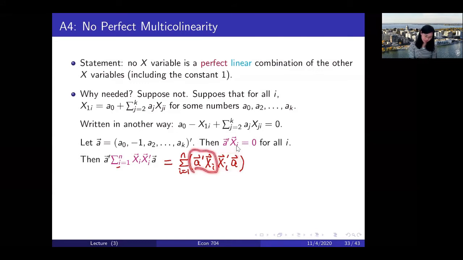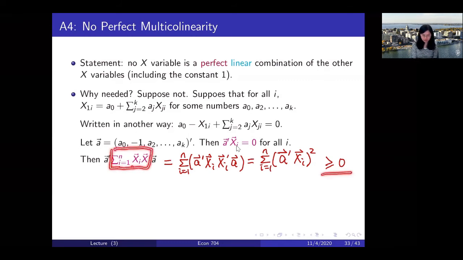So they are equal; they are the same scalar. So that equals A prime xi squared. For generic A, because this is a sum of something squared, this is always non-negative. That shows this matrix in the middle, this pink matrix, is always non-negative for whatever A vector you put here. So what does that mean? That means this pink matrix is positive semi-definite.